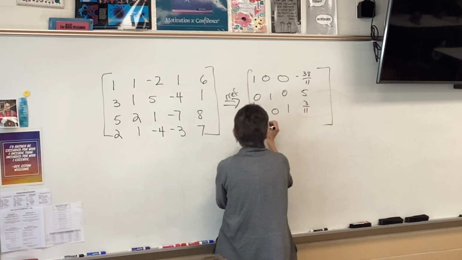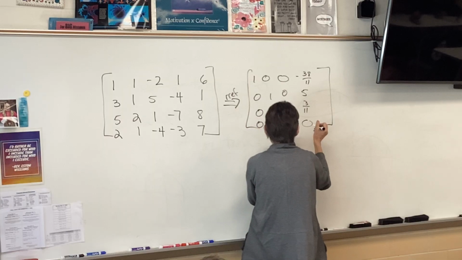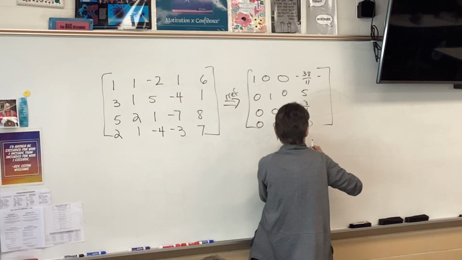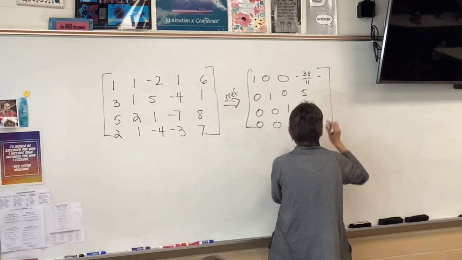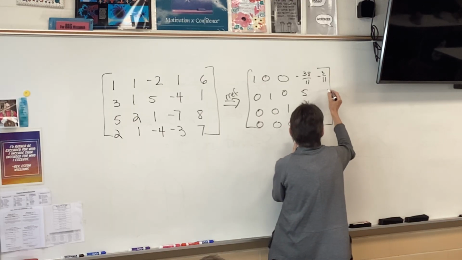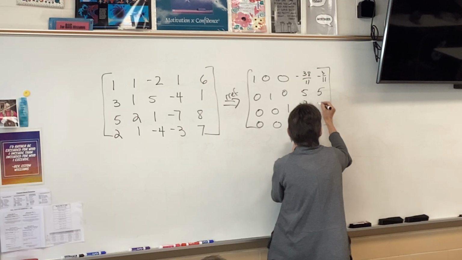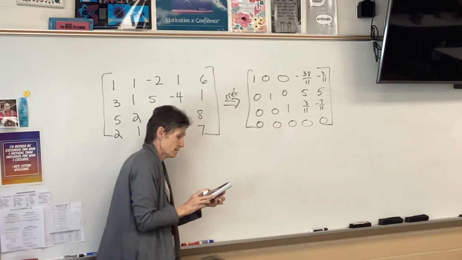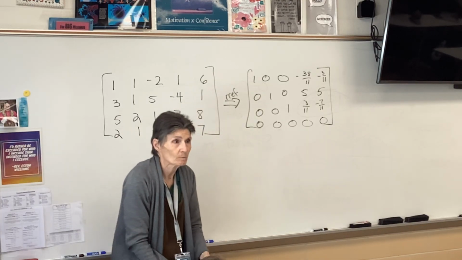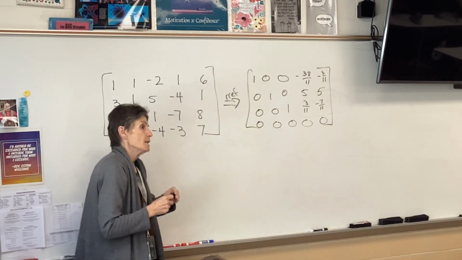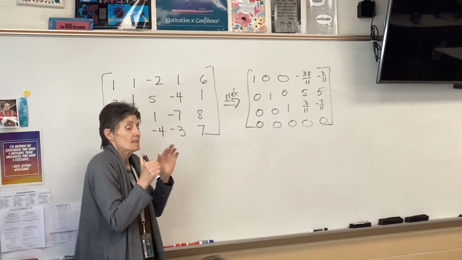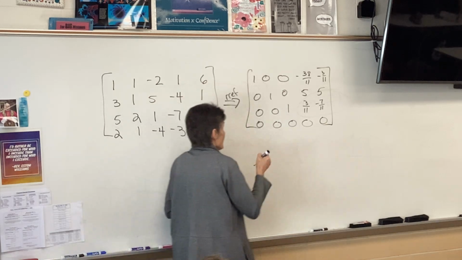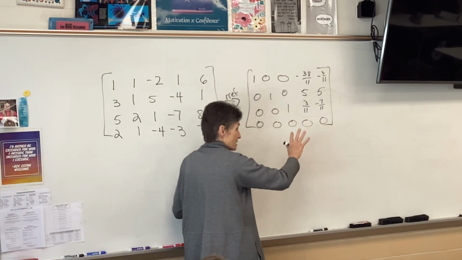Okay, that's what I came out with. What do you think? Does that look like what you came up with? Okay. Now, in the best case scenario, the matrix wouldn't look like this.